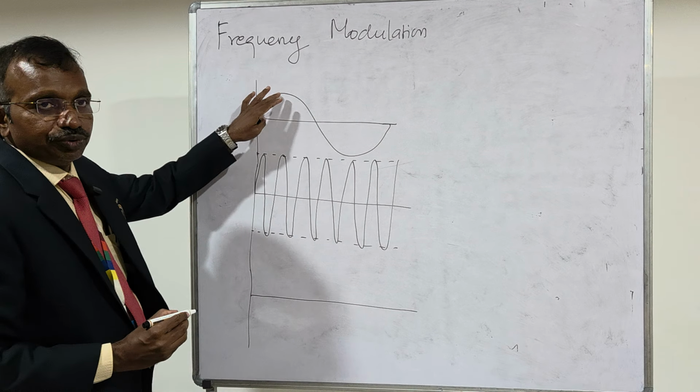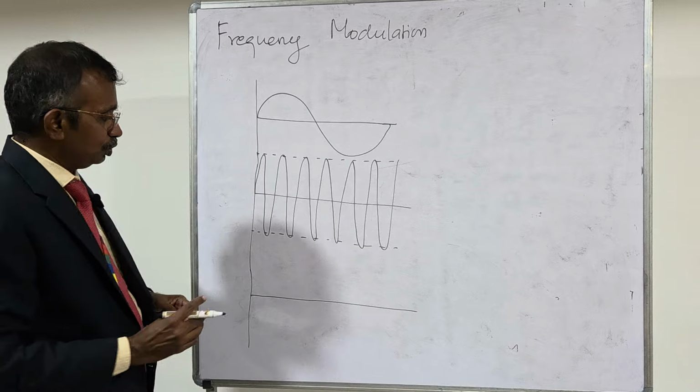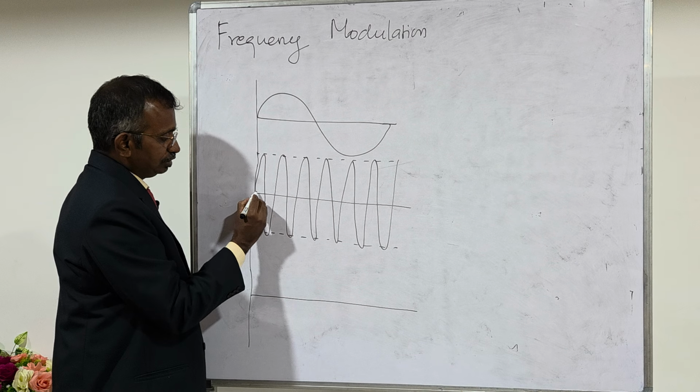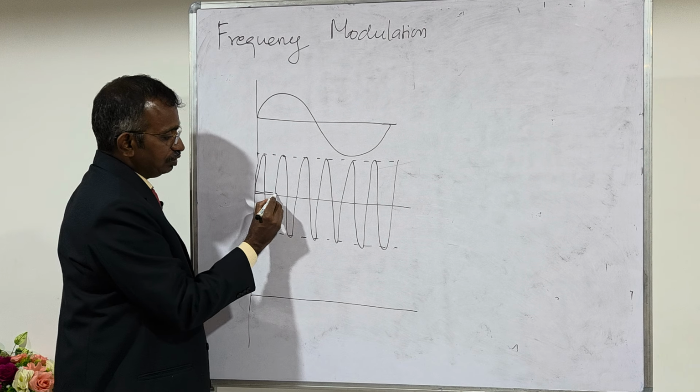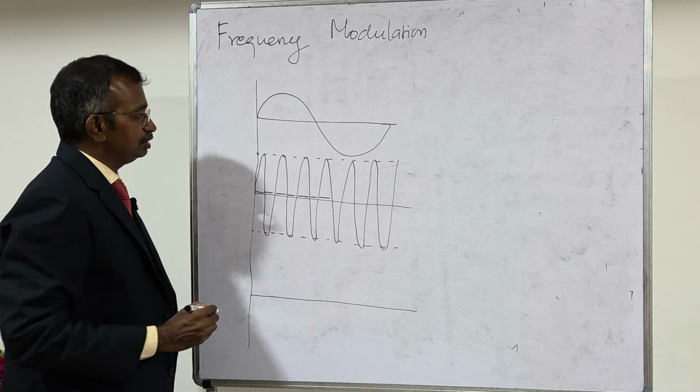Here the amplitude is high, therefore the deviation may be less. There will be constant intervals. Here you can see the zero crossings are equal. These are all the equal zero crossings.